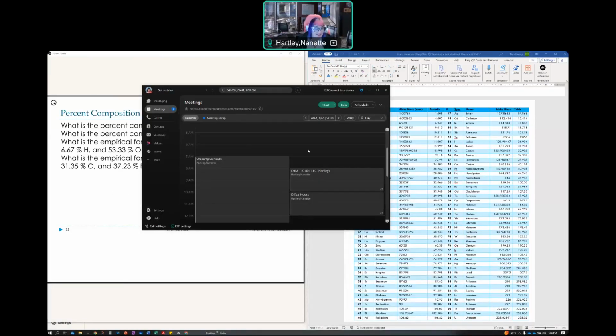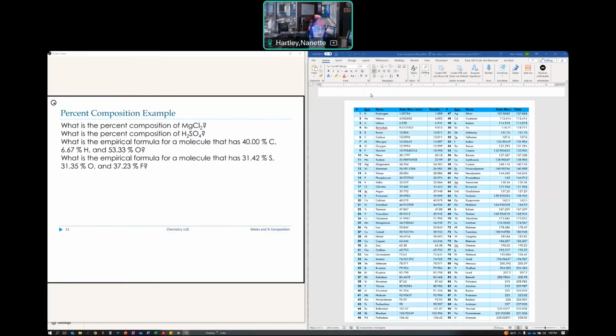Percent composition examples. So what is the percent composition of MgCl2? Let's do the Mg portion first. Now I've pulled up this table because I find it nearly impossible to read the numbers on the periodic table that you've been given.